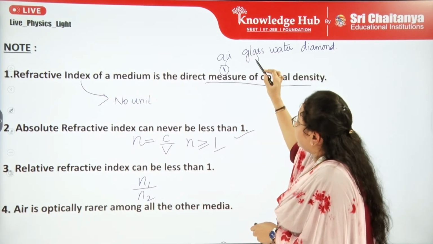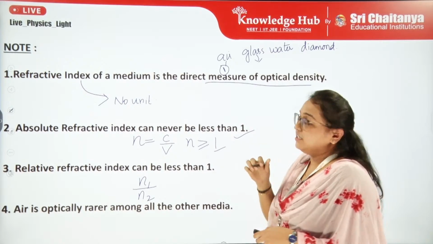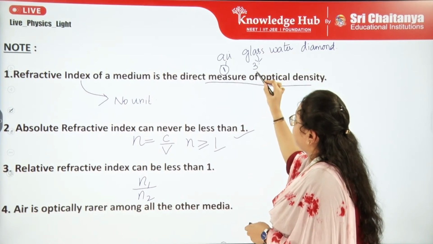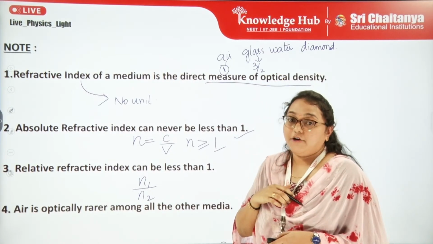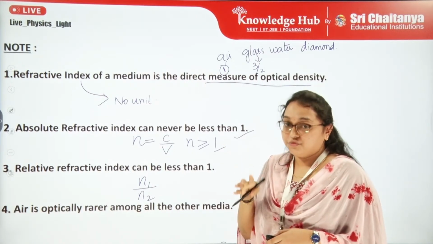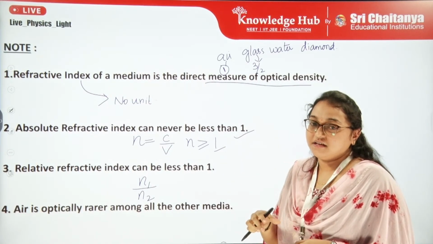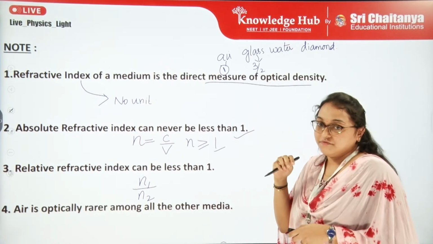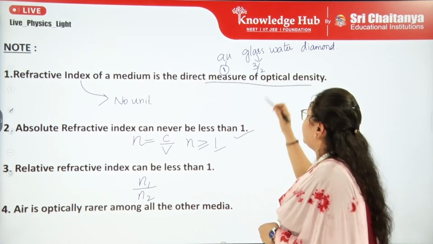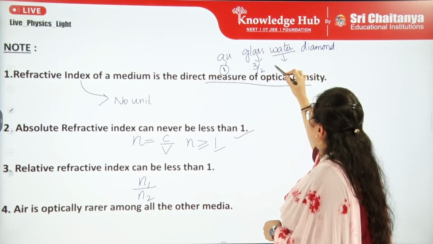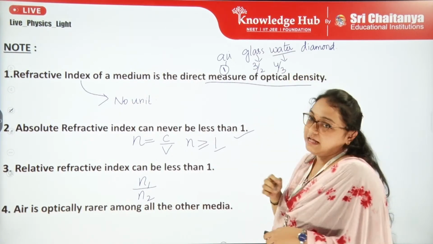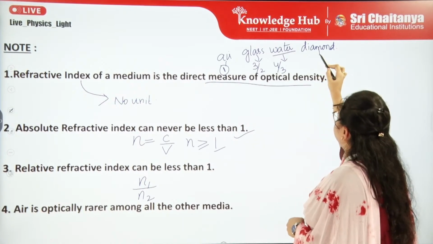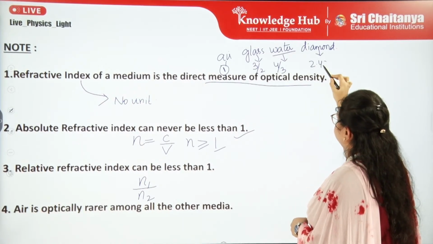So in most of the examples, they'll take the glass slab's refractive index as 3/2. Of course, it has some other values like √2, √3 too, but in our 10th class, in most of the questions, they use this value of refractive index for glass, and water has a refractive index of around 4/3, and diamond will take the refractive index nearest to 2.42.